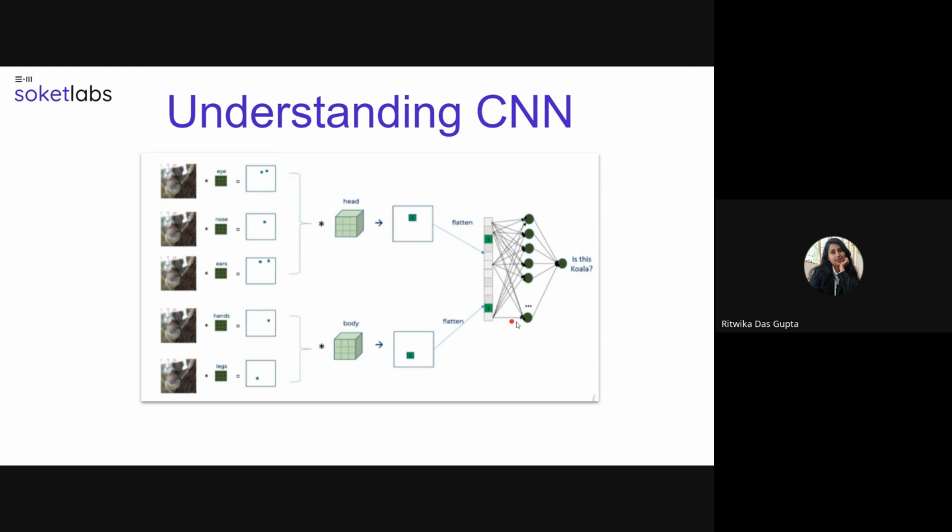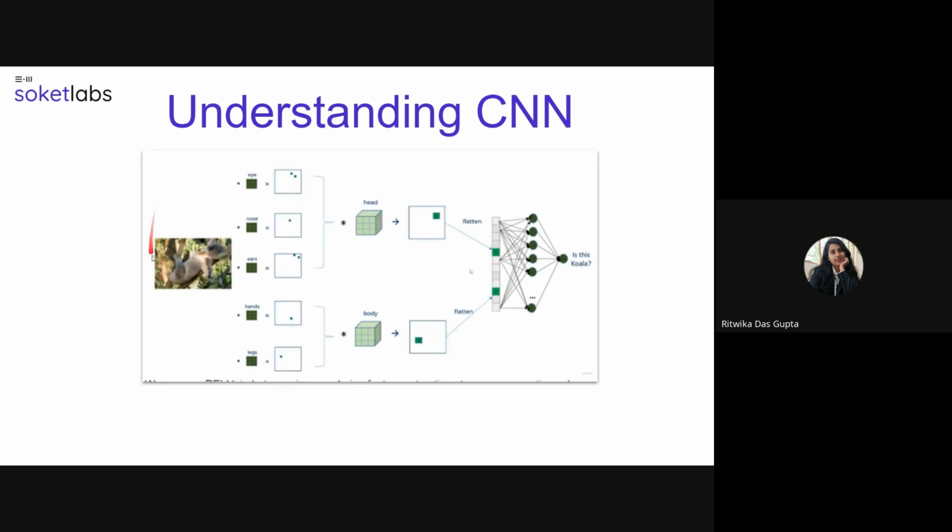So we have to classify that. That's why this flattened image is passed through various other images of the koala bear, so that we can understand different kinds of images based on position. If the image changes, the position changes, then again the neural network can work in the same way.